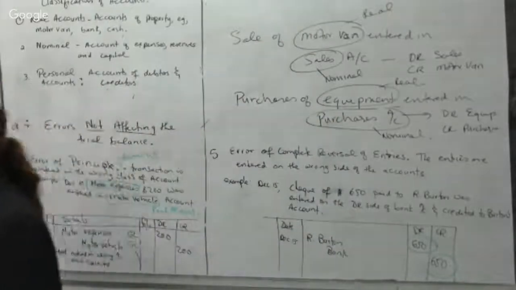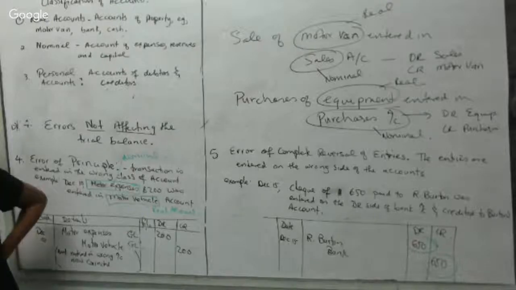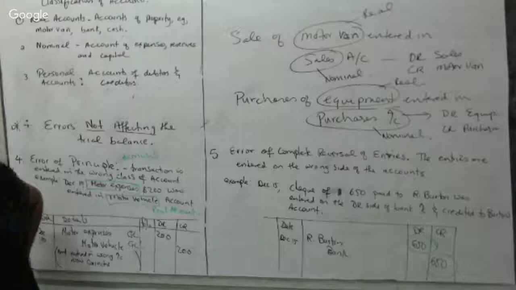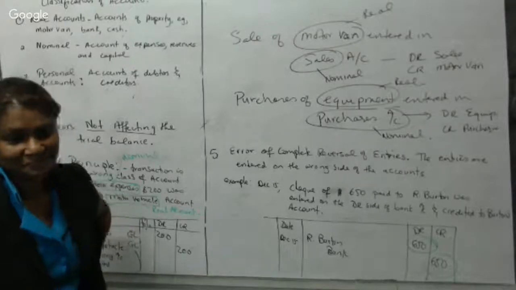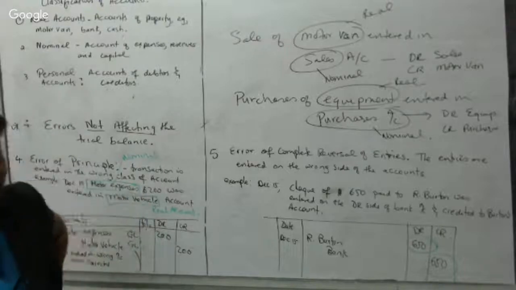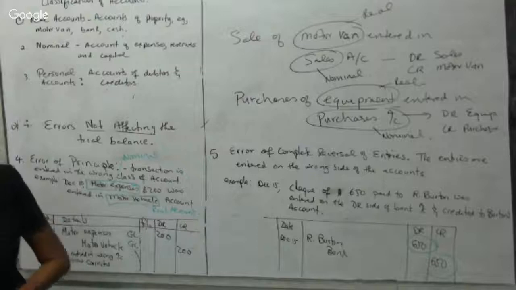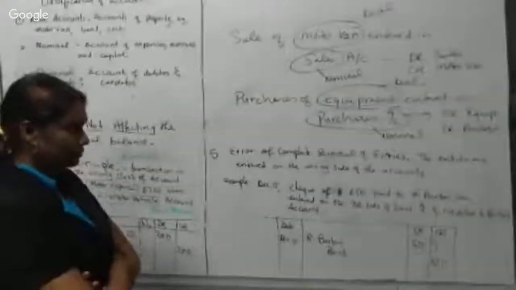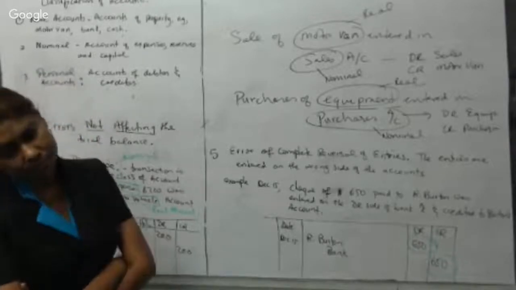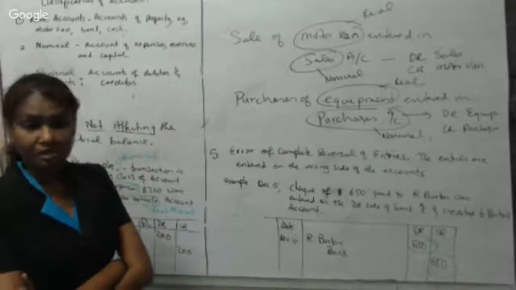That figure is not correct. What figure is not correct? 650 is not correct. What is the 650 initially? All right, so why is it not correct? Think. The amount is not correct.